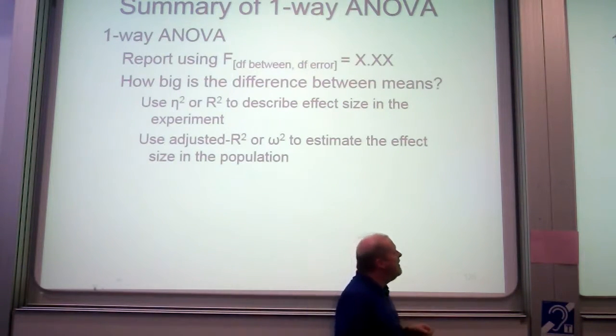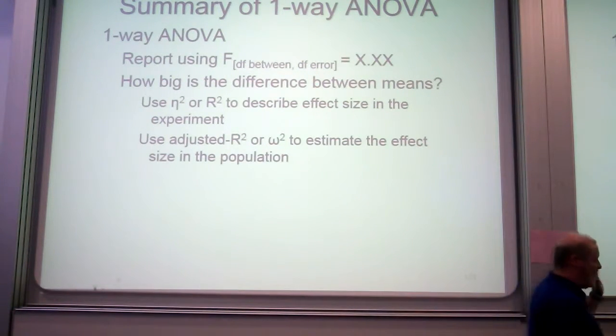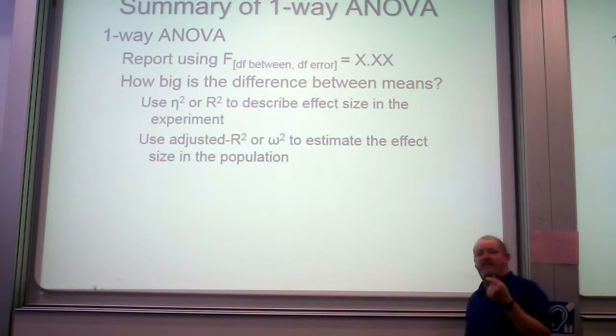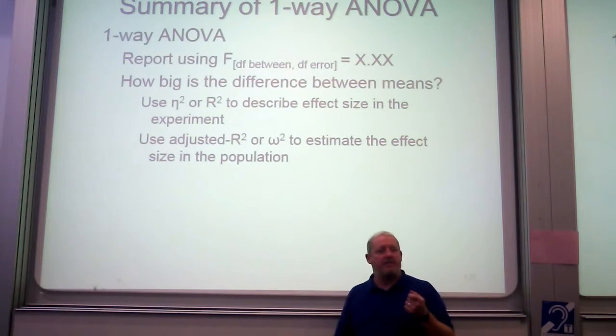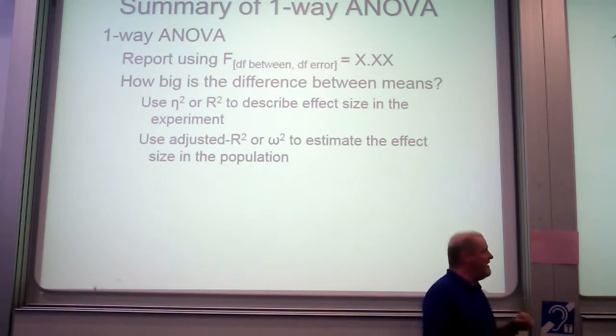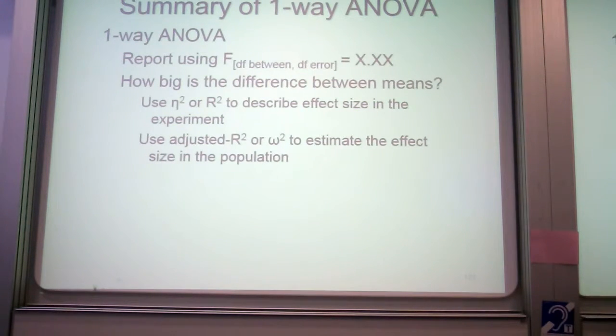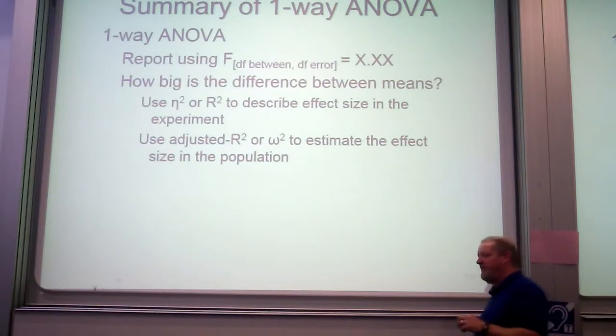How do you report an F ratio? Well, there's an F, then you need to give the degrees of freedom, and there are 2 degrees of freedom. One is the degrees of freedom between the level means, the degrees of freedom used to calculate the direct estimate of the standard error of the mean squared. The other one is the degrees of freedom in calculating the error term, the variability about the level means.